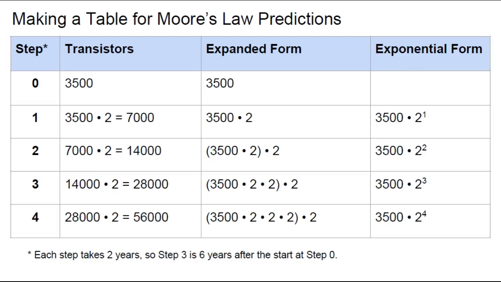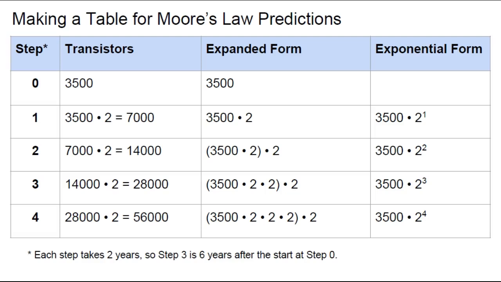When I make a new column for exponential form, I'm going to skip over step 0 for now because I'll work back there, trust me. So for step 1, I see that I only have one 2 that I'm multiplying by the 3,500, so I have 3,500 times 2 to the 1. Then for step 2, I have 3,500 times, well, I've got two 2's.